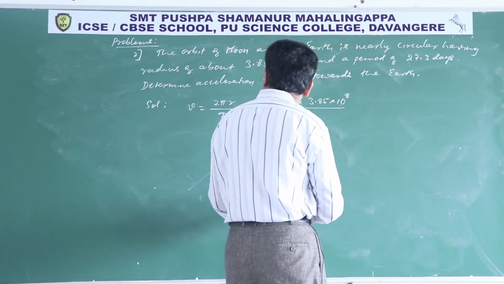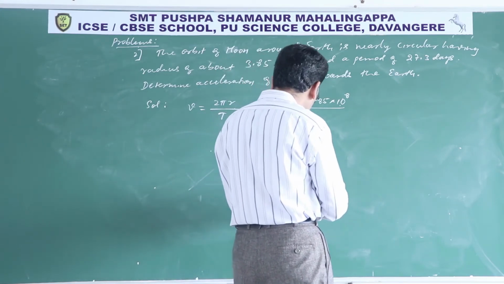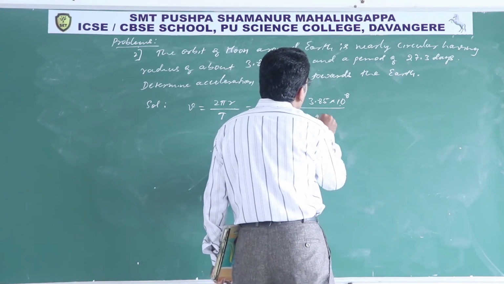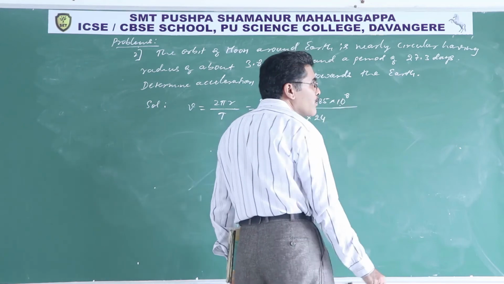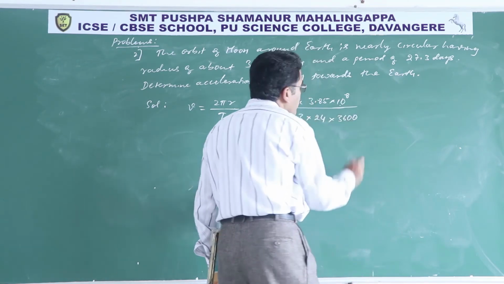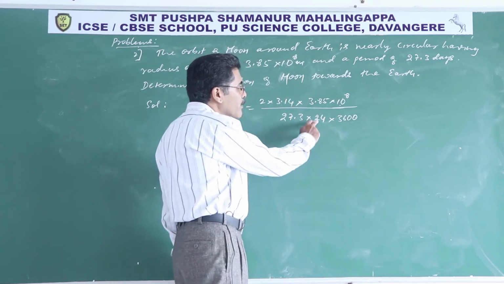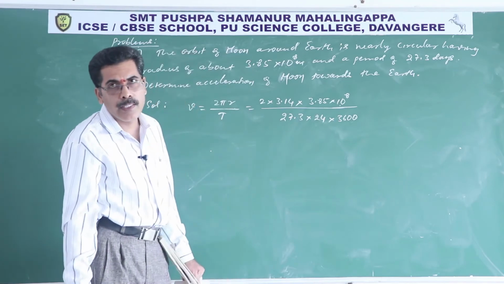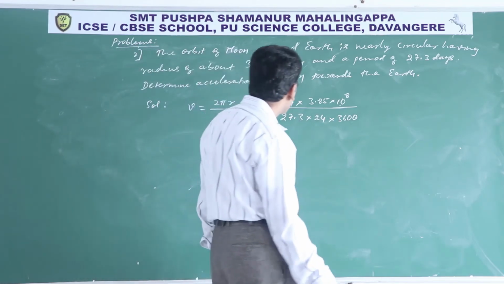One day can be converted into seconds. One day is equal to 86,400 seconds, or 24 × 3,600. The total number of hours in a day is 24, and 1 hour is 3,600 seconds, so you can take 86,400 seconds in total.